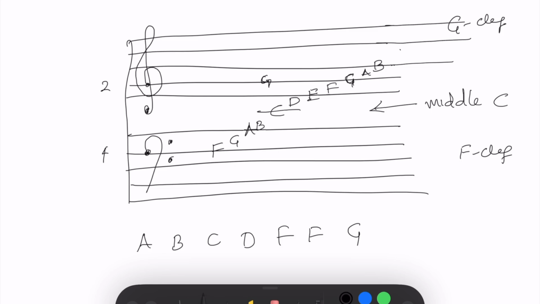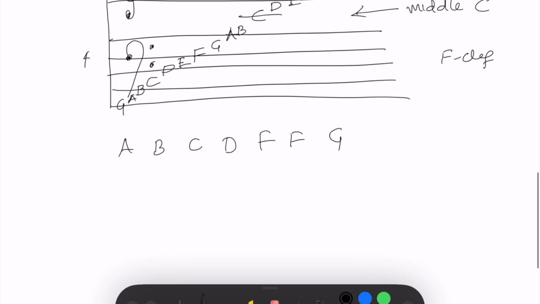C on the space, D on the line, E on the space, F on the line. If we write that down, we have E on the space, D on the line, C on the space, B on the line, A on the space, G on the line.